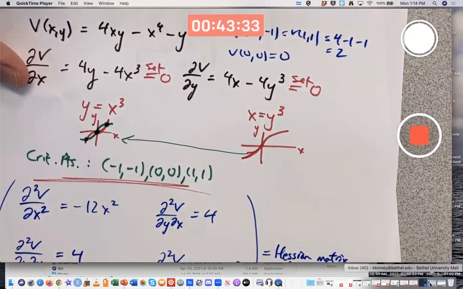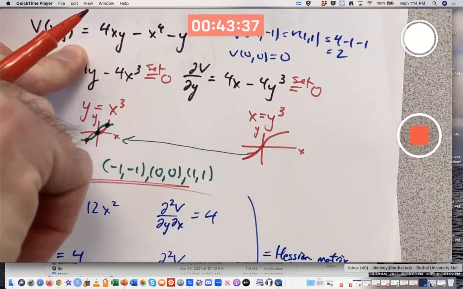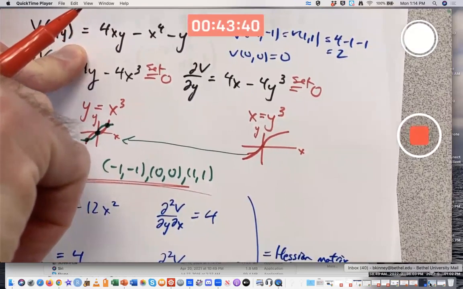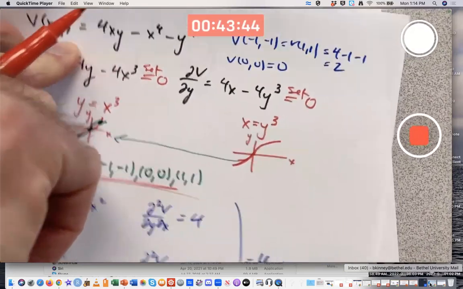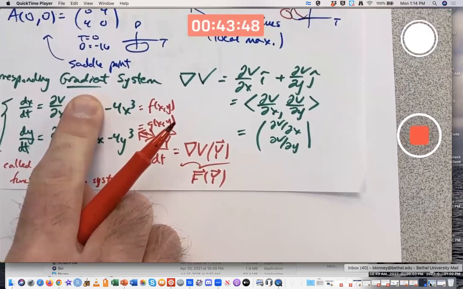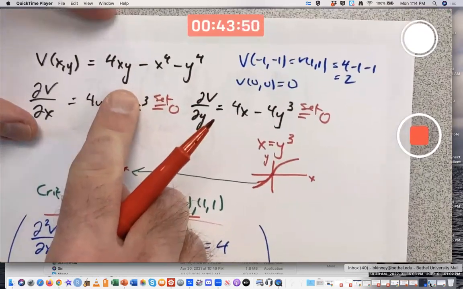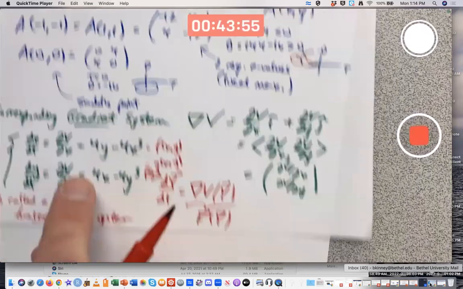Another system, the second kind of system related to V, is called the corresponding Hamiltonian system, which the book emphasizes even more than gradient systems. I could use the same function to create a new system that would be the corresponding Hamiltonian system. That's different than this.